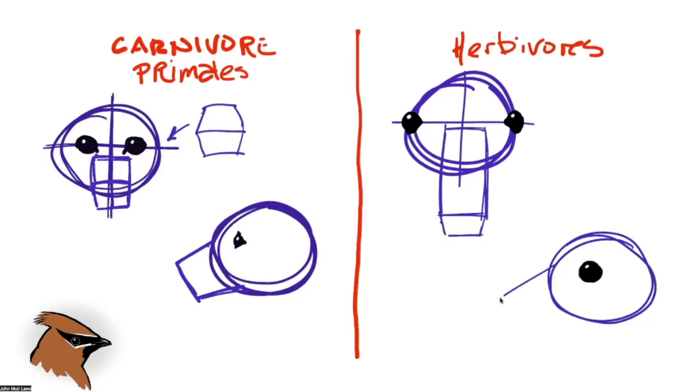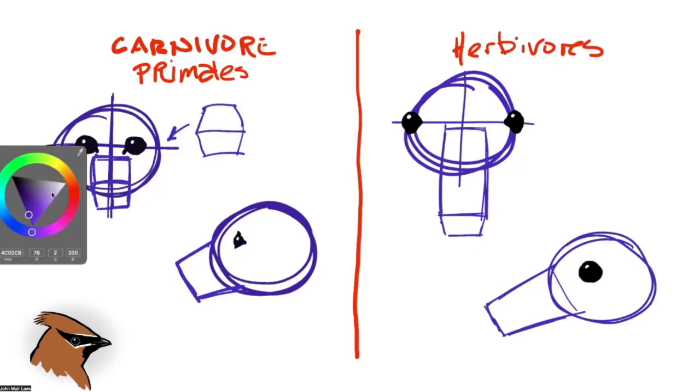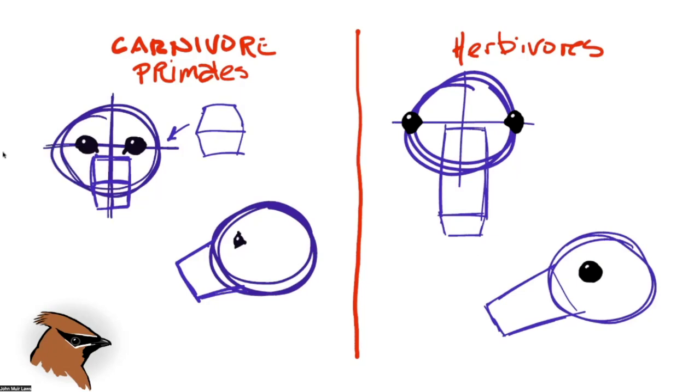So we might think of that here as a big box stuck onto the side here. Your nose is then placed on the front of that. I'm going to go, just to be cute here, with a little red nose. As you'll see, the shapes of noses are going to be different.